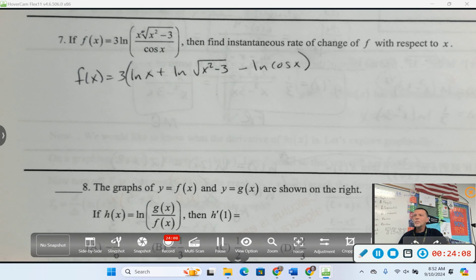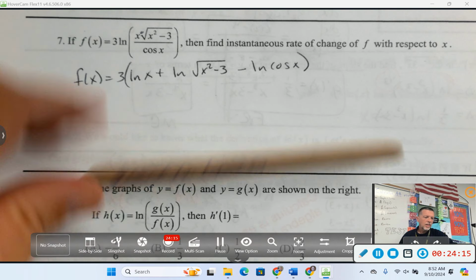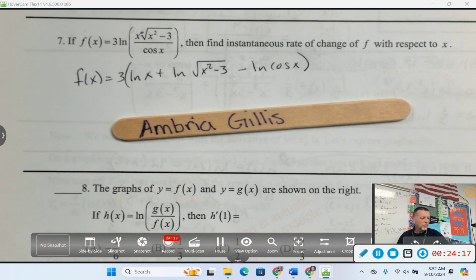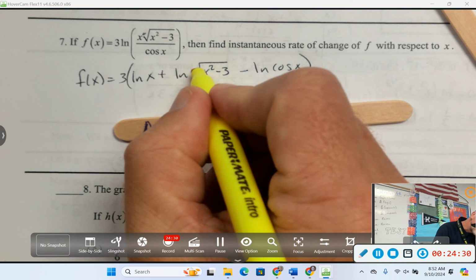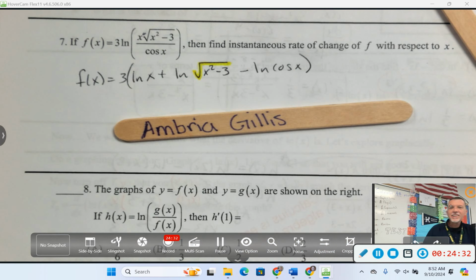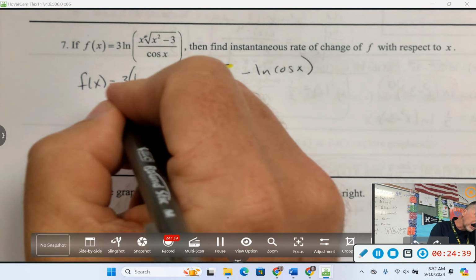And there's still one more algebra step I can do. Ambria, what else could I do before I take a derivative that will make my derivative life a little easier? It's kind of hidden. We did it earlier, but it's definitely kind of hidden. Here's your hint to unhide it. Good. Make it a power of 1/2, and if it's a power, it can come out front.